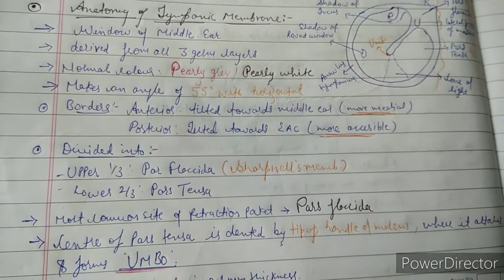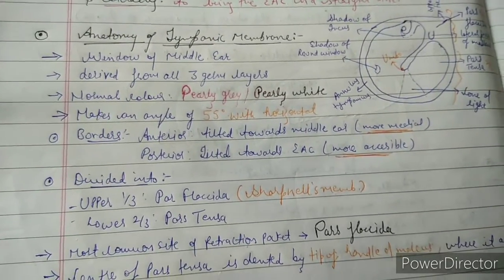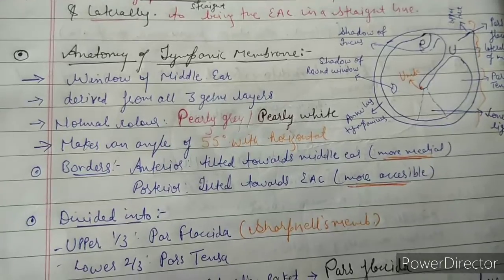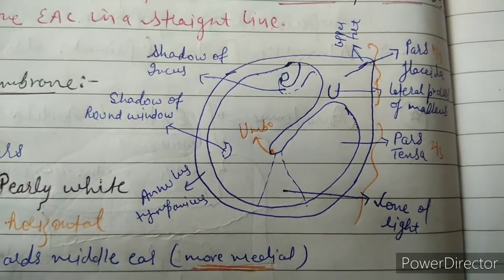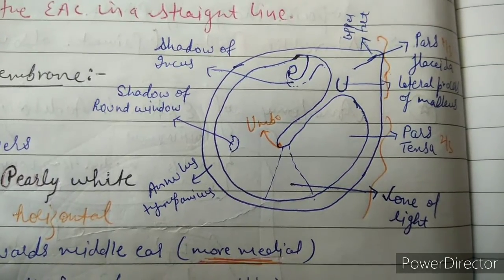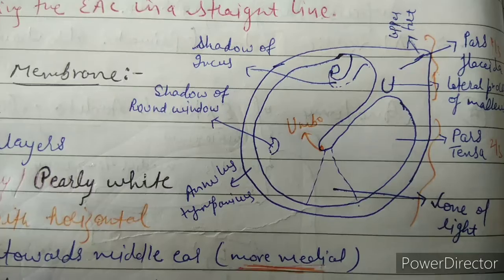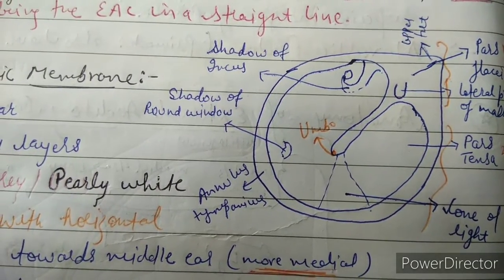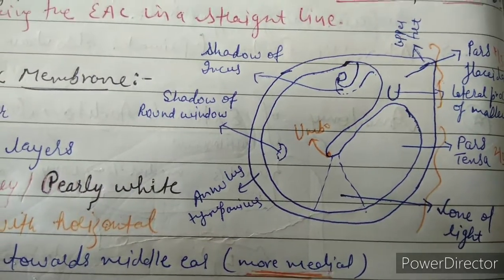Now we will be discussing the anatomy of the tympanic membrane. So guys, what is the tympanic membrane also known as? It is also known as the window of the middle ear. Now please focus on this picture as I have drawn here. Are you seeing this umbo? The tympanic membrane is not a flat membrane, it is a tented membrane. And what is the umbo?